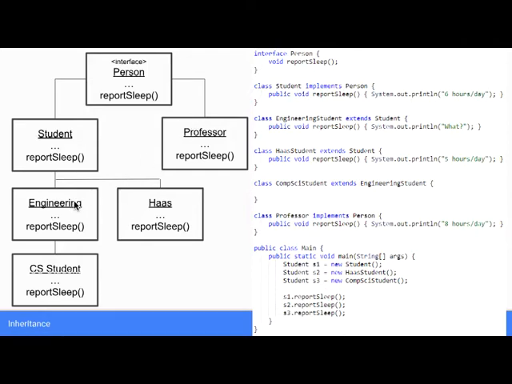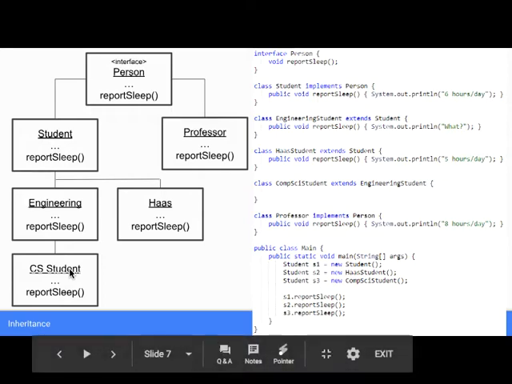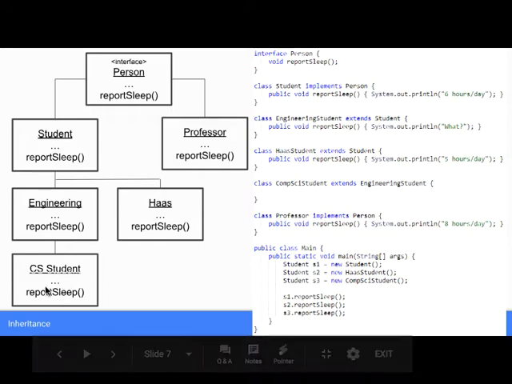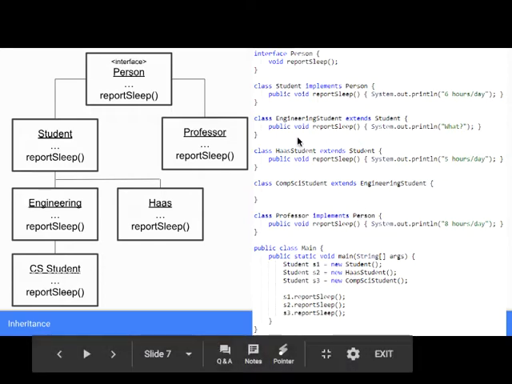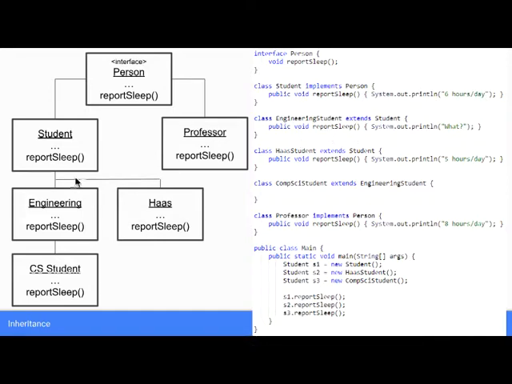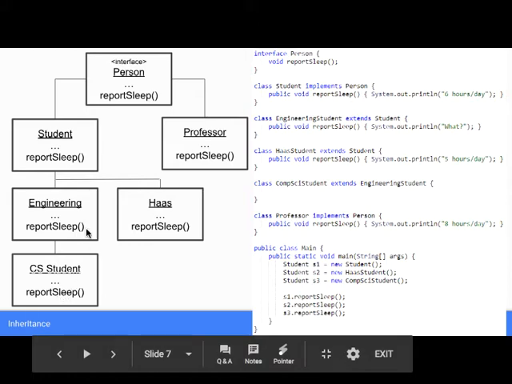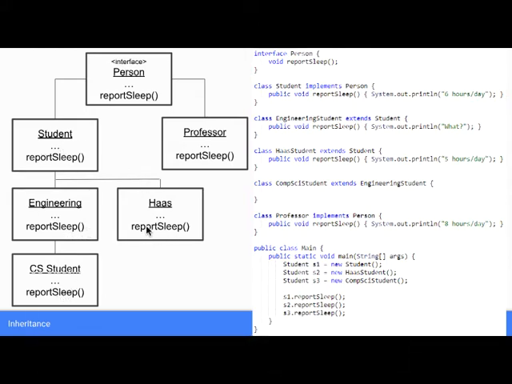There are 2 types of students, engineering students and Haas students, and there is another subtype of engineering students called a CS student. Over here, we see that report sleep as a function is overridden. Like the report sleep function in engineering overrides the student one. The report sleep function in Haas overrides the student one as well. This is basically what it means for when you extend another class.